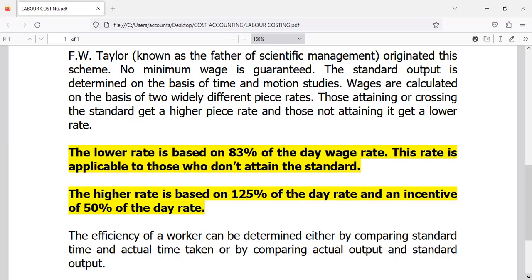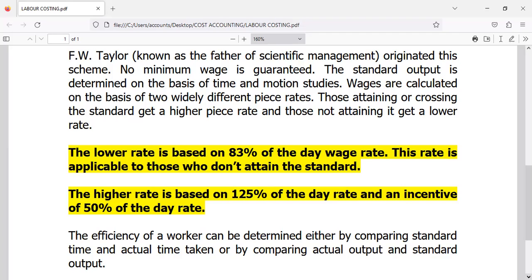The standard output is determined on the basis of time and motion studies. Wages are calculated on the basis of two widely different piece rates. Those attaining or crossing the standard get a higher piece rate, and those not attaining it get a lower rate.